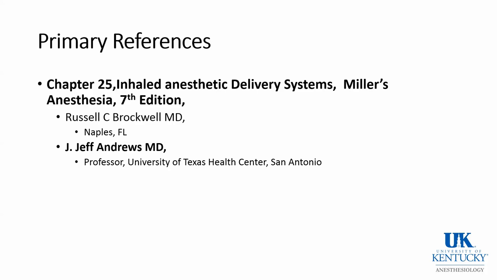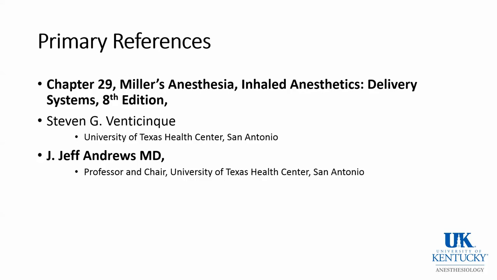Primary references for this podcast were taken from Chapter 25 of Miller's 7th edition and from Chapter 29 of Miller's 8th edition. If you notice, Dr. Jeff Andrews is co-author in both these chapters, and it is interesting to note that the number of key points increased from 14 to 24 between these two editions.